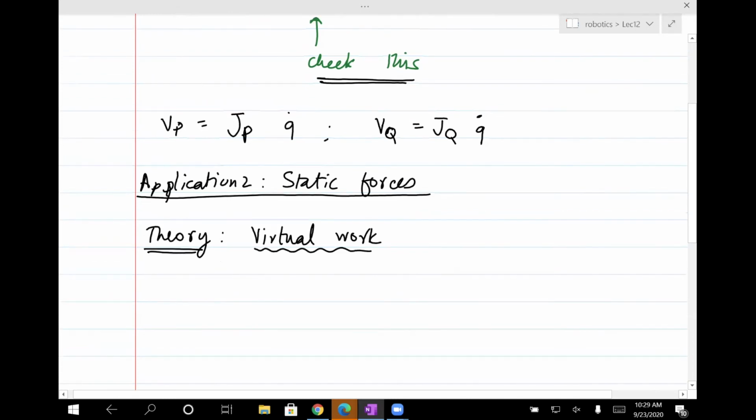So if there's a system which is in equilibrium, it's not moving, and it's acted upon by forces F1, F2, and then there are some torques which hold the system in equilibrium.